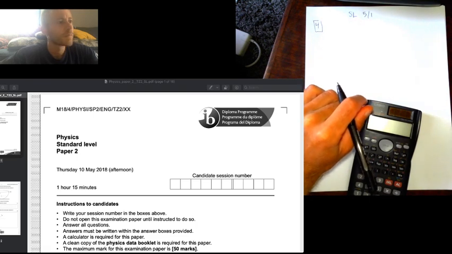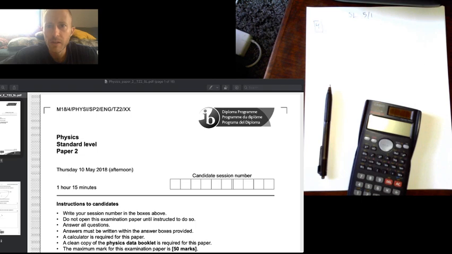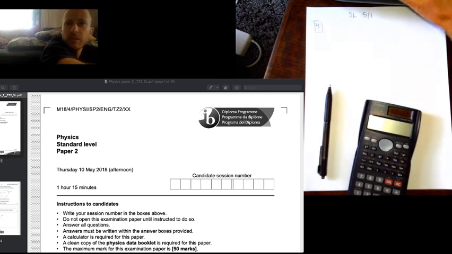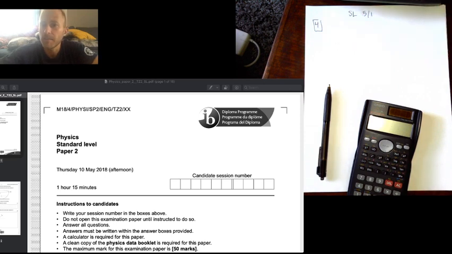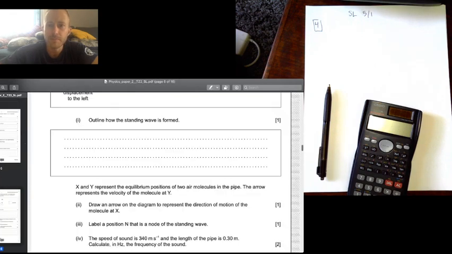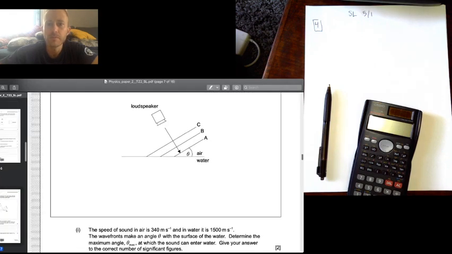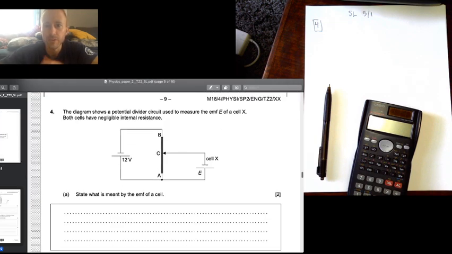Question 4. Let me focus this and see if it looks better. Okay. All right. Question 4. Looks like a circuit.